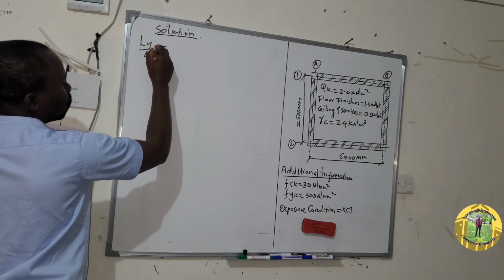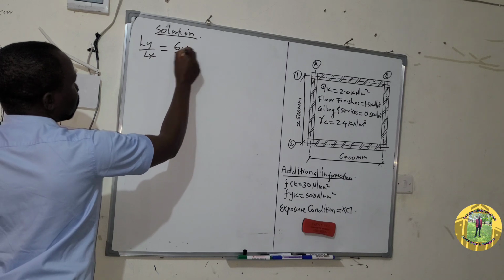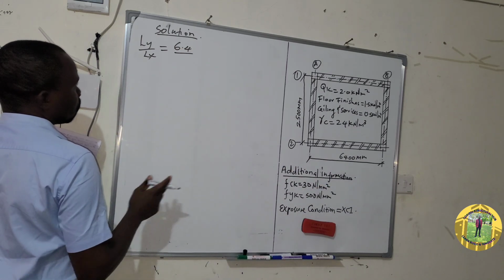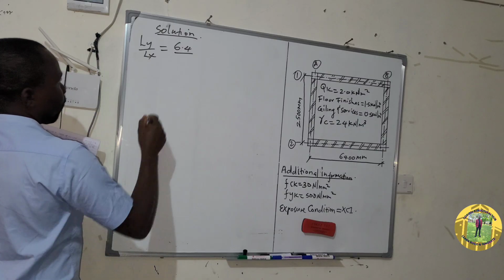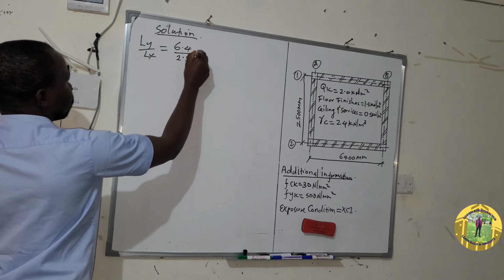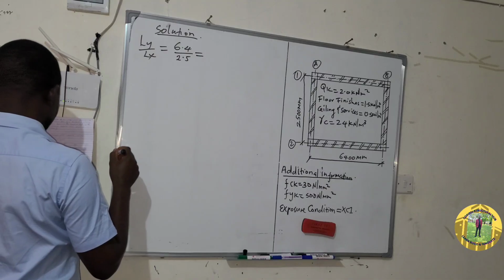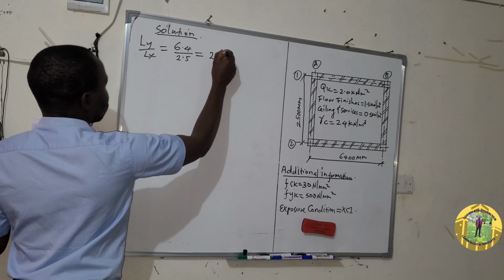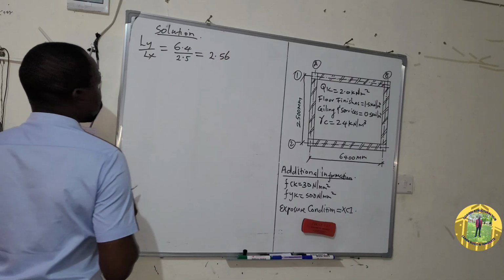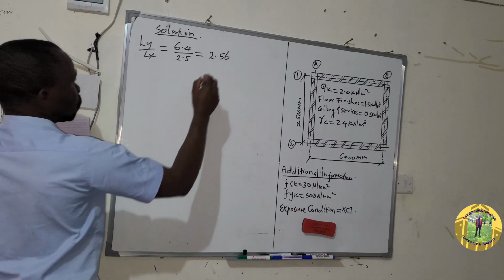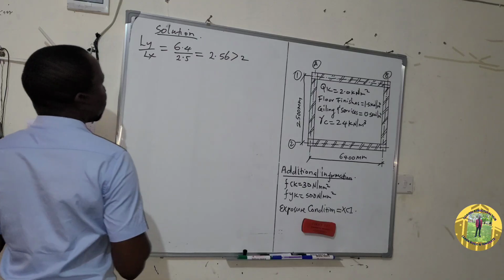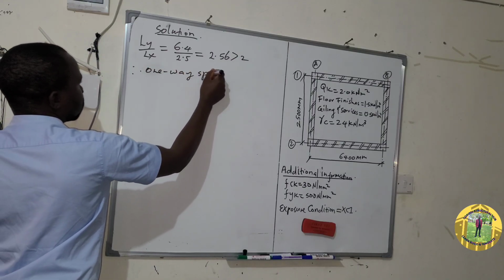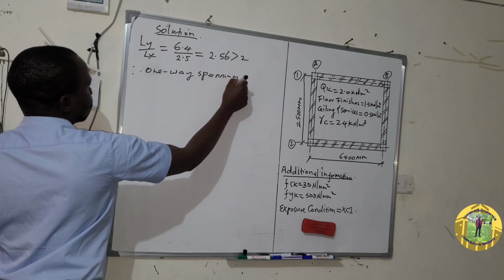So this one is equal to 6.4, you can change this to meters, or you just work with millimeter, the answer will be the same, over 2.5. So this one will give us 2.56. So 2.56 is greater than 2, and therefore one-way spanning slab.